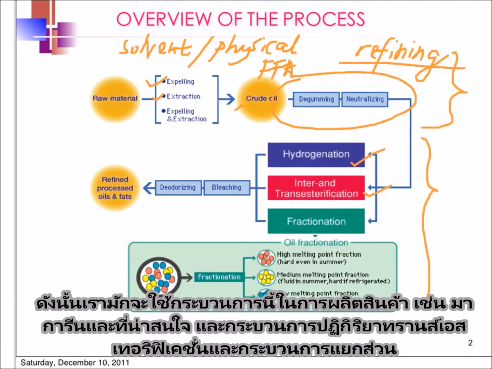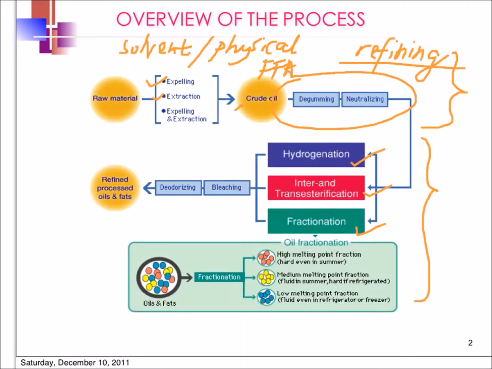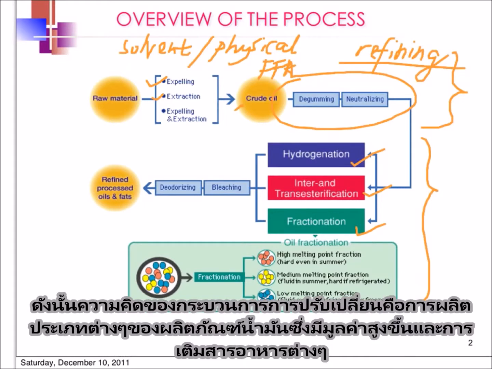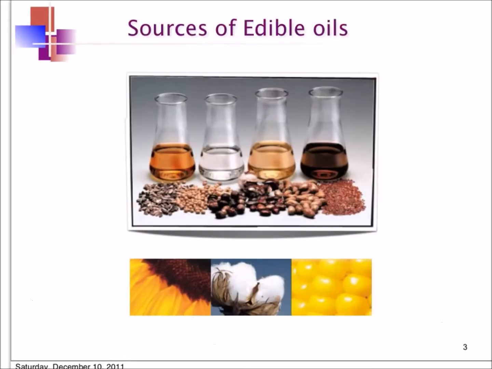Then there is also interesterification process and also fractionation process. So the idea of this modification process is to produce various types of oil products which have higher value and which can be used for many food applications.